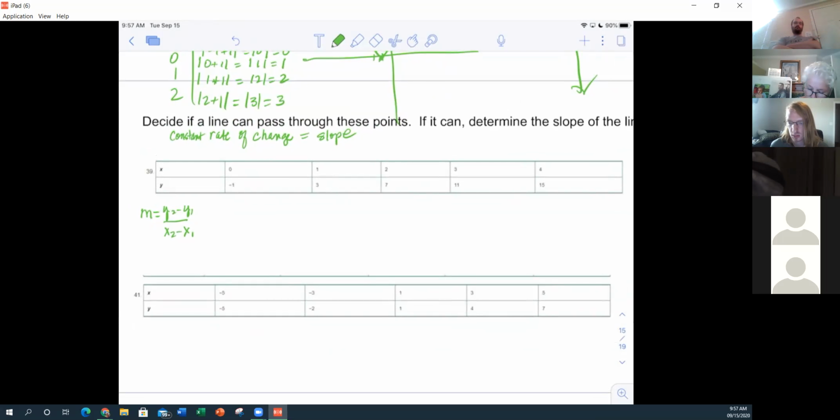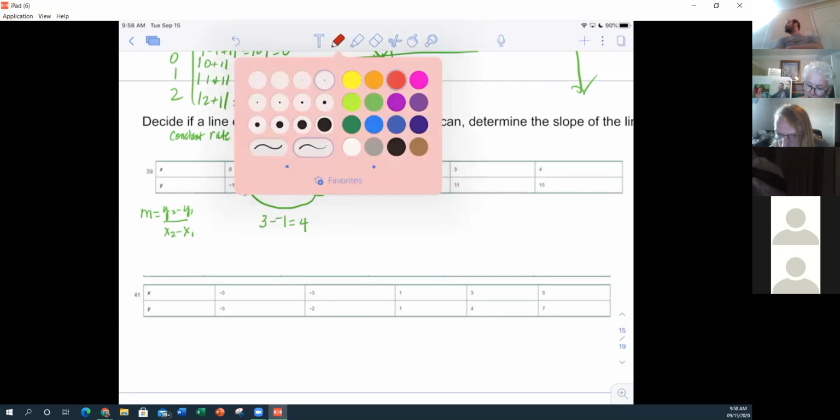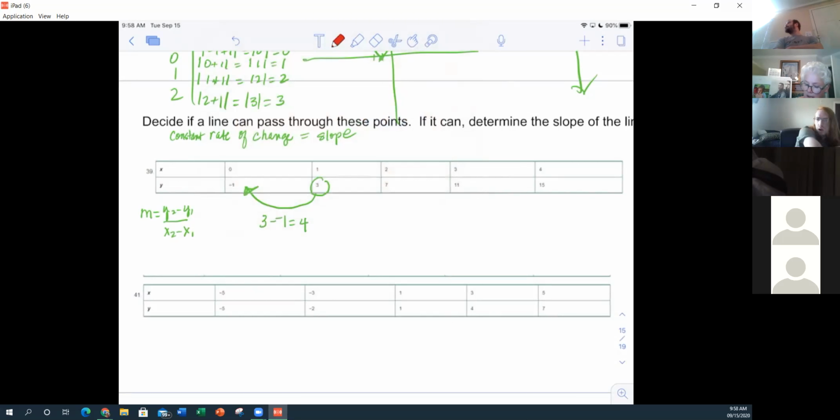So first of all, we're going to look at the difference in the y's. So you always start with one of the y's and subtract the y in front of it, okay? So I'm going to take 3 minus -1, which would be what? 4, right? Then I have to keep going, because I have to get a 4 every time. Otherwise, I know for sure this is not going to be linear.